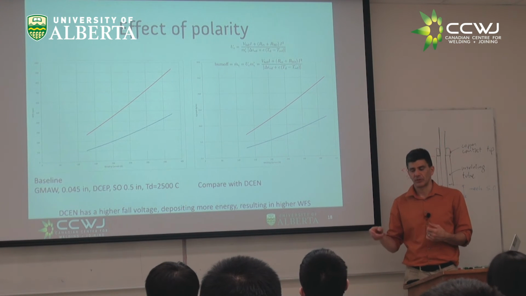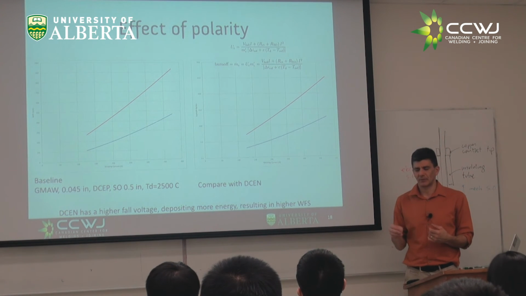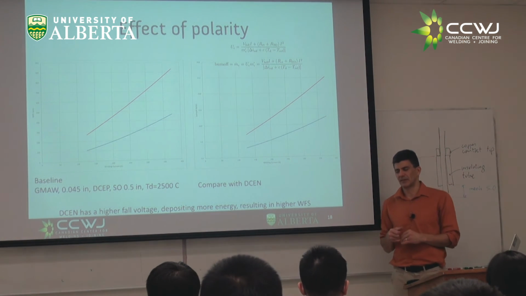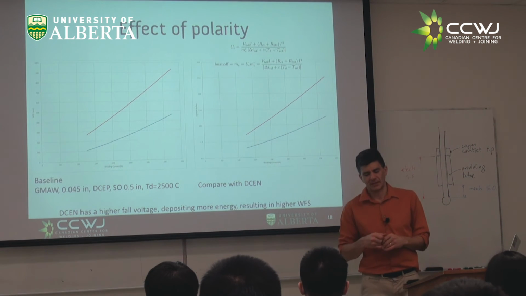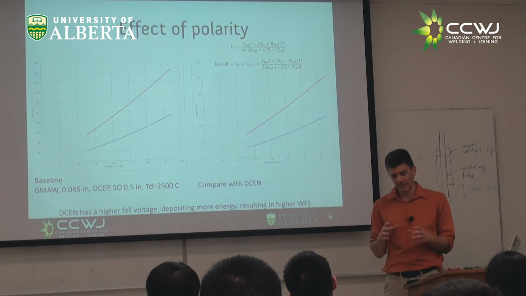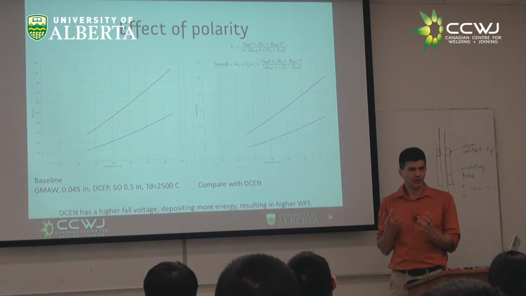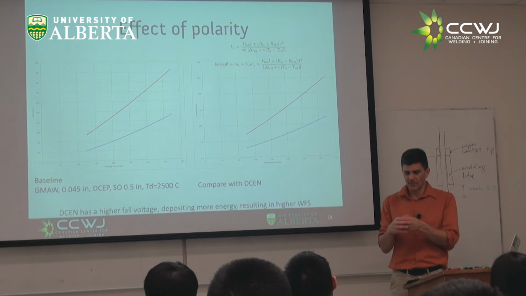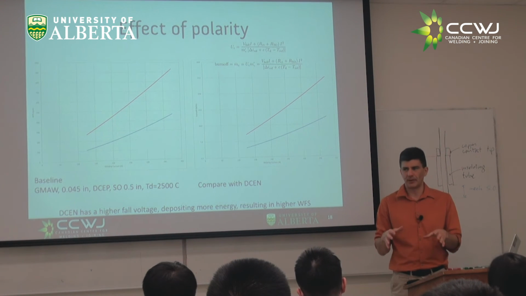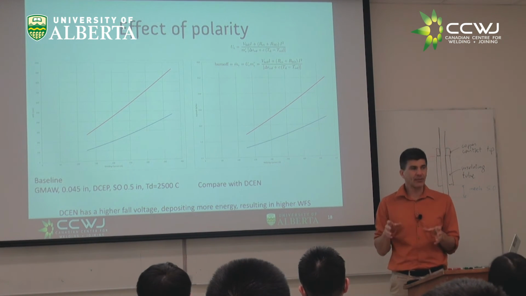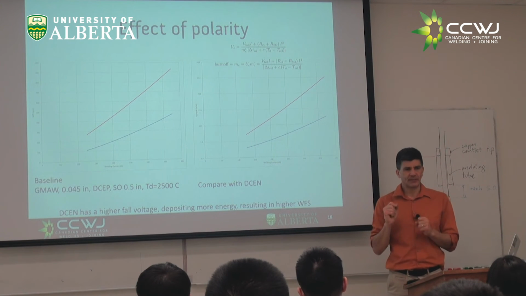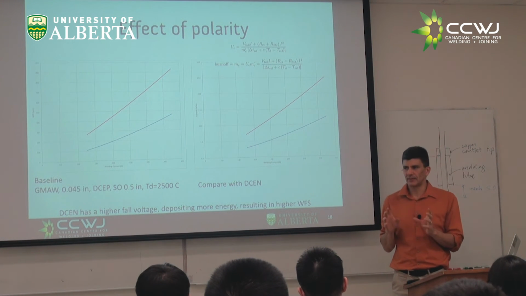Also, there is something that, again, I don't fully understand, and I don't think anybody really does. But when the droplet is the anode, the arc is very well concentrated either under the droplet or around the droplet. But when the droplet is a cathode, remember that I showed you these cathode spots that jump all over the place?